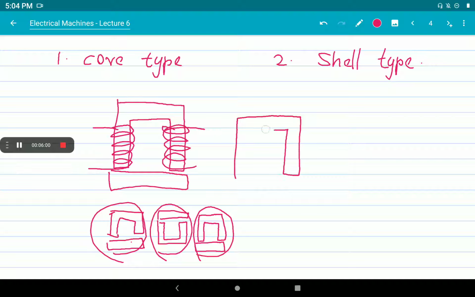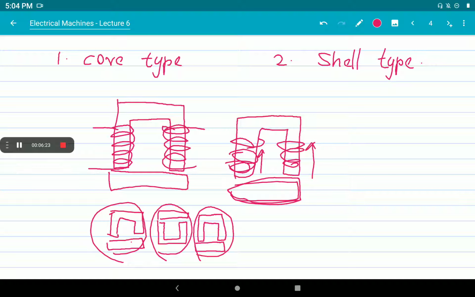Because we are constructing this as a C-shape and one straight bar, first we wind the winding on these two limbs. Actually we put the coil on like a ring placed onto our fingers. We put the coils onto these two limbs, then we close this magnetic circuit.